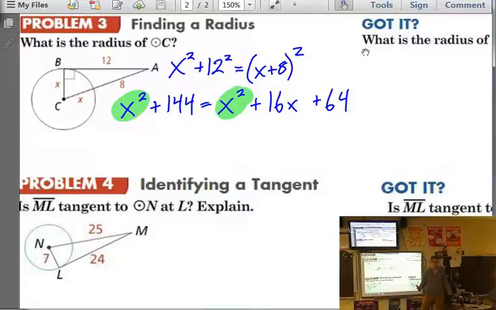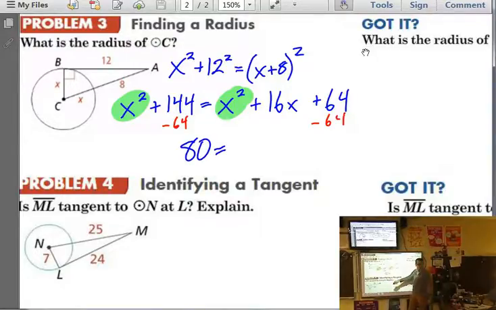I have x squared on both sides. Chop them off. Just subtract x squared from both sides. It disappears. So now I could combine my constants by taking 64 away from both sides. That would take me to 80.